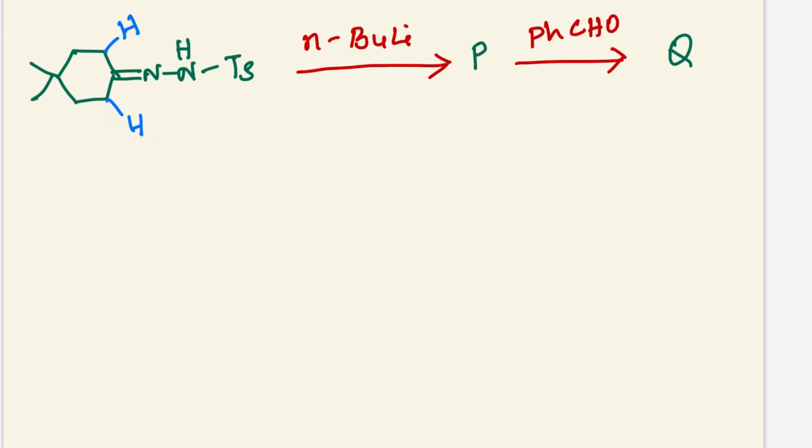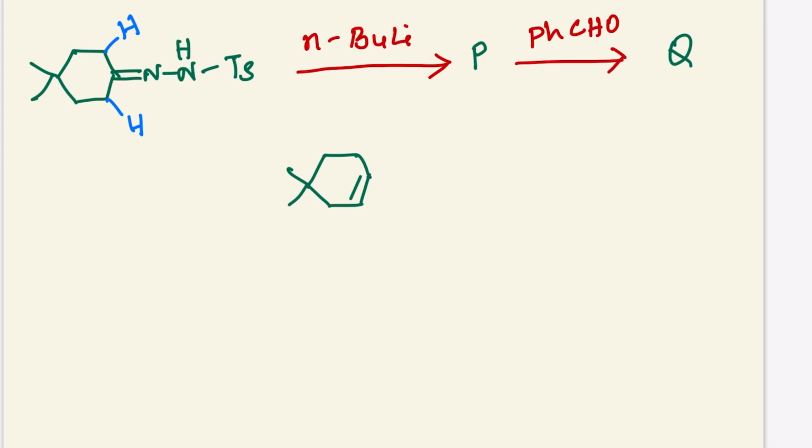The second mole of butyl lithium can abstract either one because they give the identical product. With butyl lithium, we get this alkene.